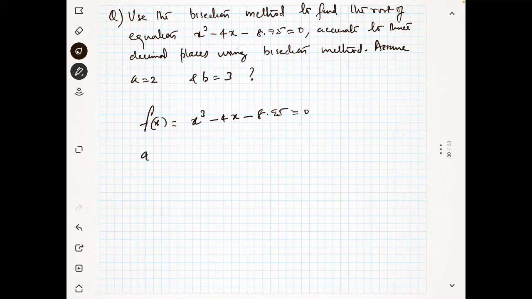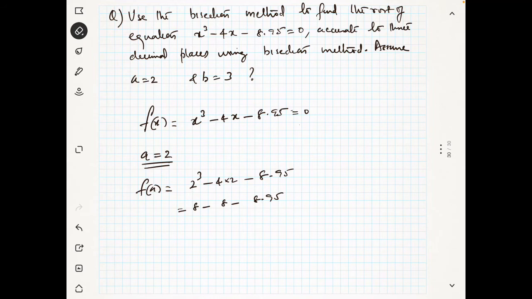First, a equal to 2. Now f of a is 2 cube minus 4 into 2 minus 8.95, which is 8 minus 8 minus 8.95. You see whether this number is greater than 0 or less than 0. You get minus 8.95, which is less than 0.